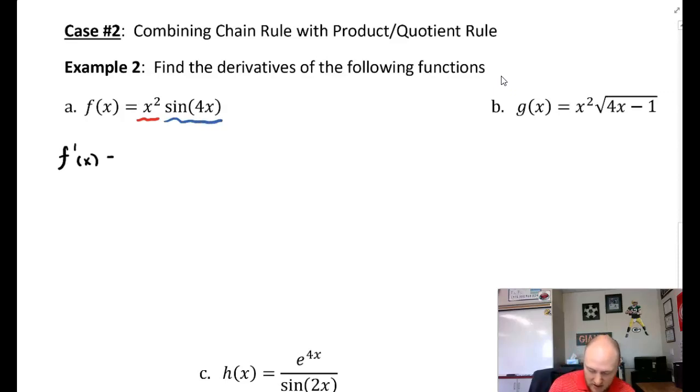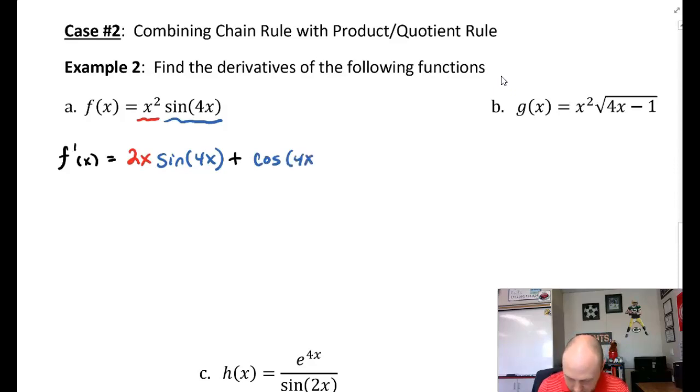So f prime of x is equal to the derivative of the first, which is 2x, times the second, sine of 4x, plus the derivative of the second, we have cosine of 4x.